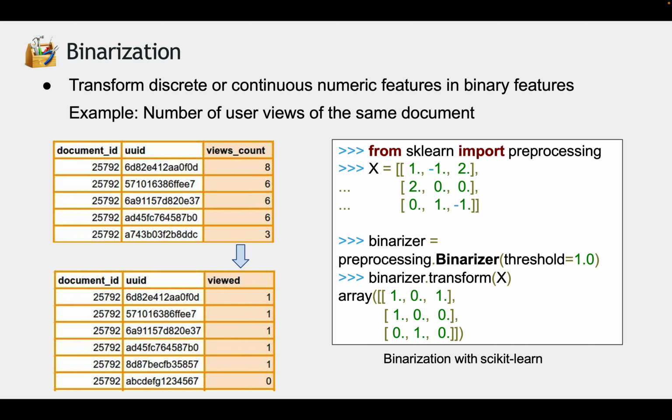X equals 1, -1, 2, 2, 0, 0, 0, 1, -1. Okay, it's a 2D list. Binarizer equals preprocessing.Binarizer with threshold 1. Okay, threshold is set, so anything above 1 becomes this, anything below 1 that. Oh, that is such a fast way to do that. Binarizer preprocessing, binarizer threshold 1.0, binarizer transform X.